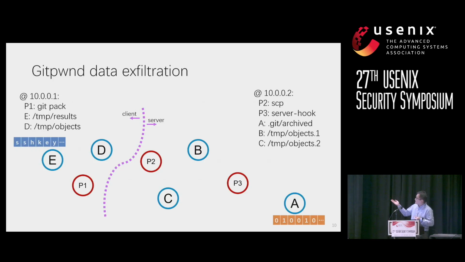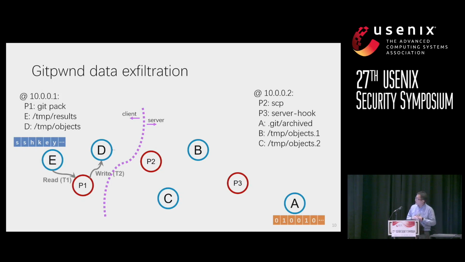On the left side, for example, the attacker aims to exfiltrate the SSH key through the git pack command, and then it crosses from the client side to the server side through the SCP, and then finally the server-side hook is going to read from these temporary object files from the SCP, and finally it's going to generate an archived file.